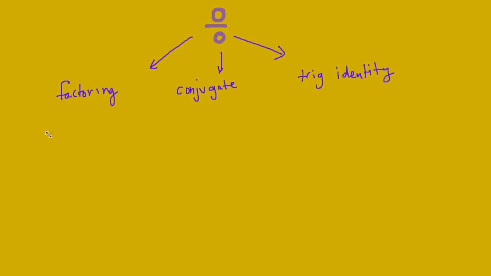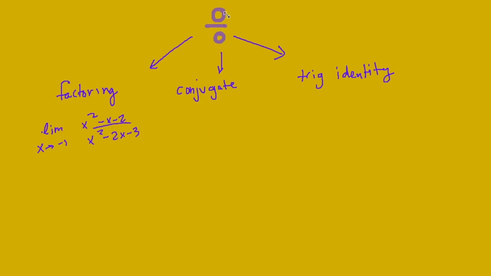An example of a situation where you need factoring would be the one we talked about earlier, where you have the limit as x approaches negative 1 of x squared minus x minus 2 over x squared minus 2x minus 3. In this case, you'd factor the numerator and the denominator and cancel, and after you do that, you'd plug negative 1 back in to find the limit. This was already outlined in a previous video, so we're not going to continue that here.